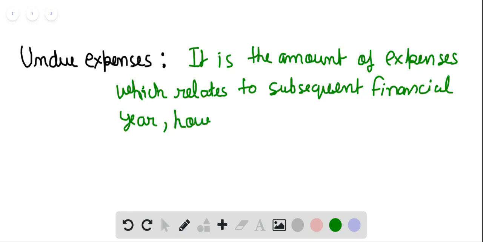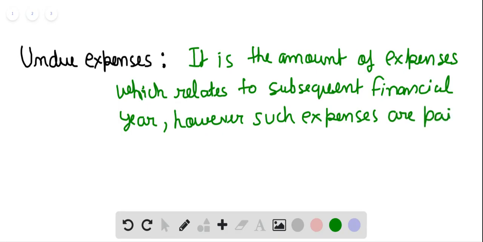However, such expenses are paid in current financial year.